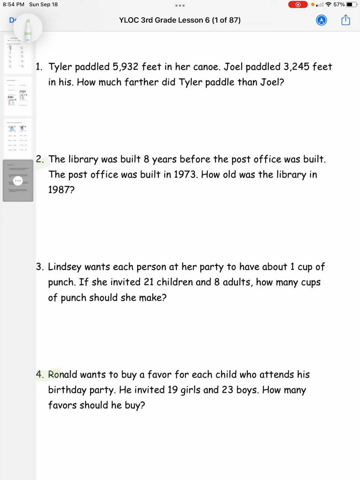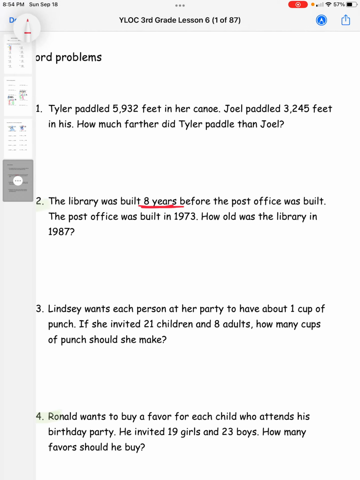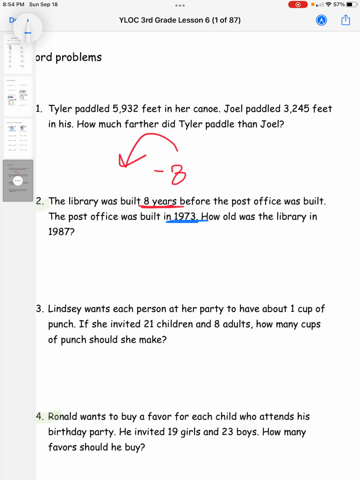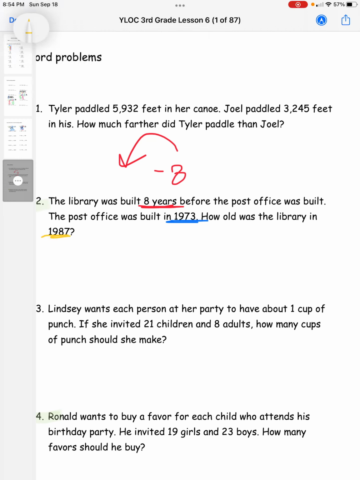The library was built 8 years before the post office was built. The post office was built in 1973. So how old was the library in 1987?